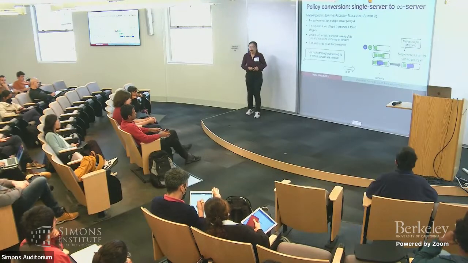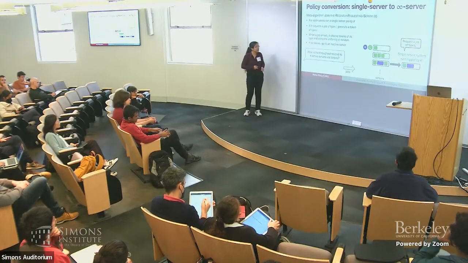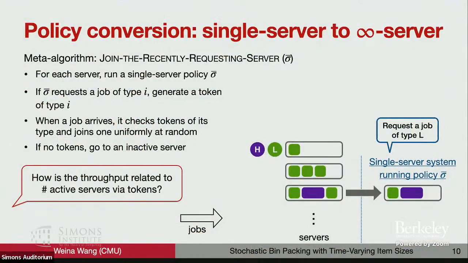Okay, so let's get a little more intuition for why the throughput is related to the number of active servers. Basically, if each single server has a high throughput, then it is really efficient at processing things, right? So it's good, it's like you have volunteers all the time.